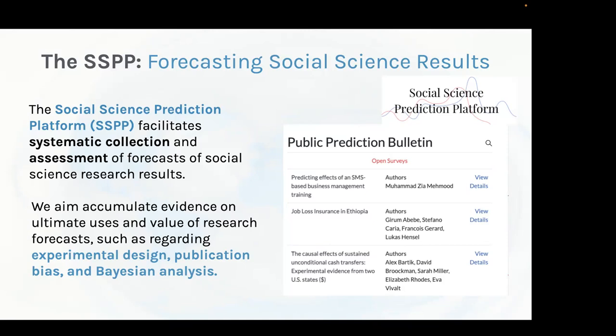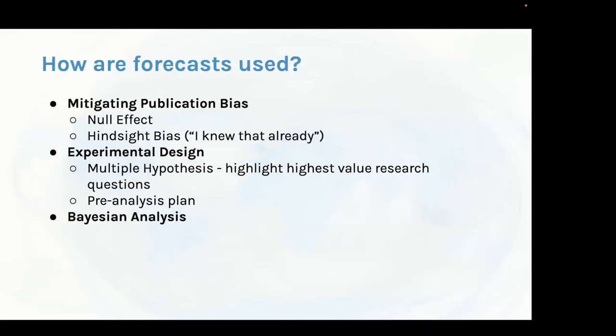That is, to collect forecasts before a paper's results are published. The reason we want to do this is to gain insights for experimental design. We fight against publication bias, and it also provides some baseline data or ideas for Bayesian analysis.